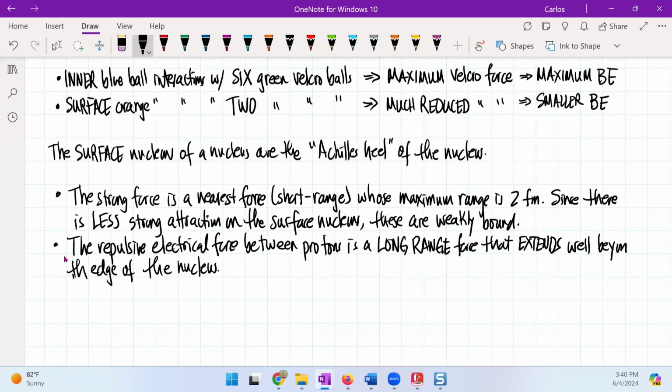In fact, the electrical force is an infinite range force.